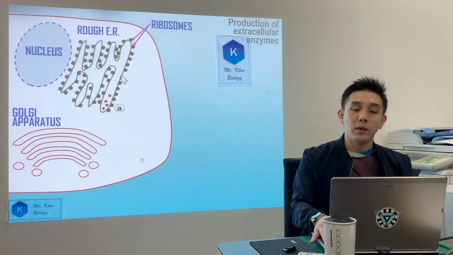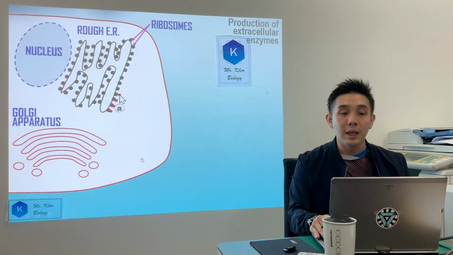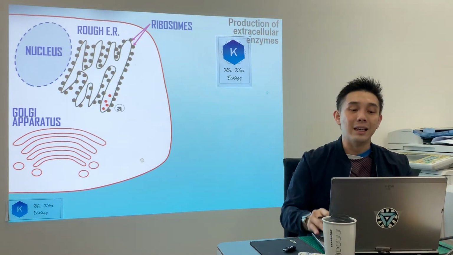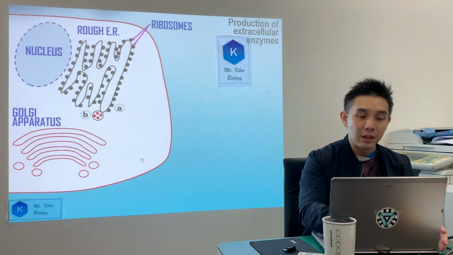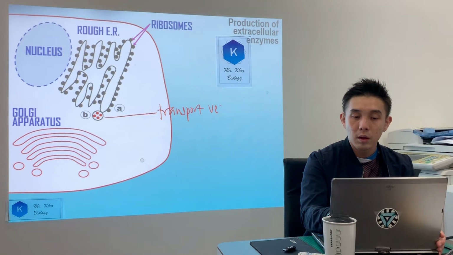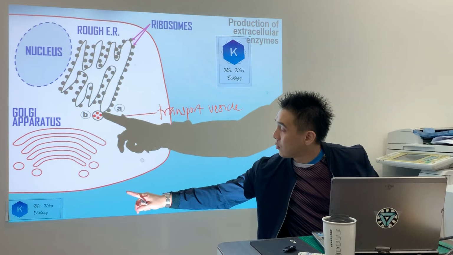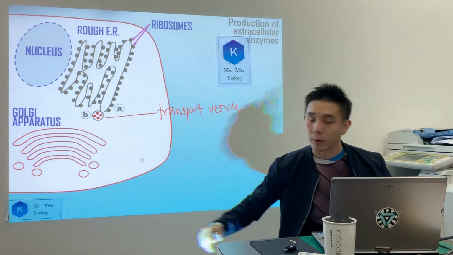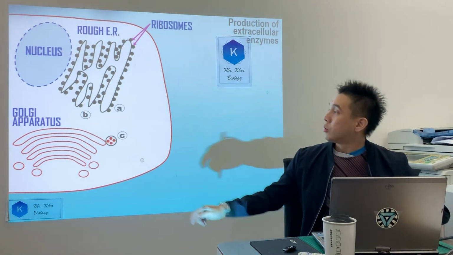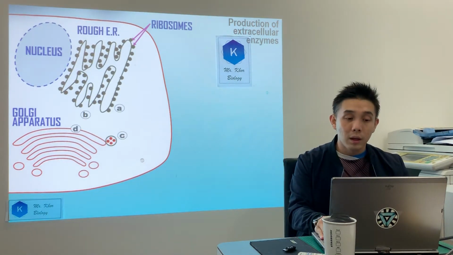So first point, ribosomes synthesize protein and protein enters the rough ER. Rough ER will pack the protein into a transport vesicle, vesicle pengangkut, and this transport vesicle will carry the protein to the Golgi apparatus.